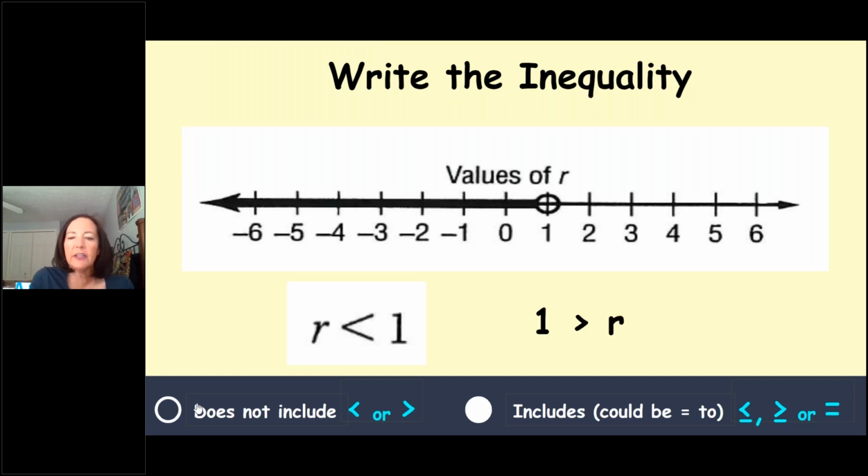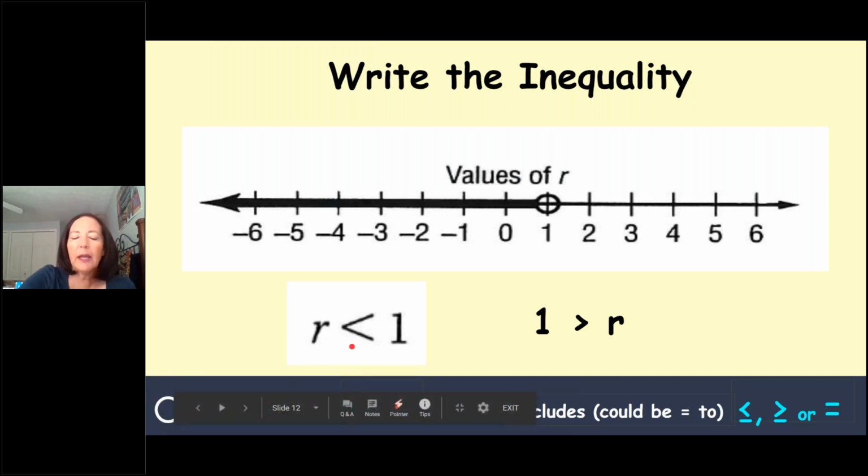Another way to write the answer on the screen is 1 is greater than R. Proper formatting, you would talk about your variable first. And so the way Danielle read it, R is less than 1. That's what I would consider to be the best answer.